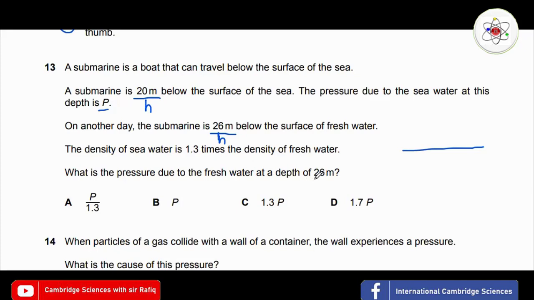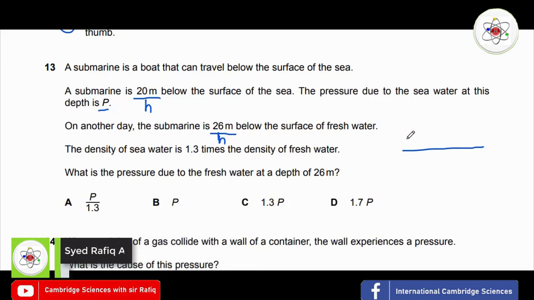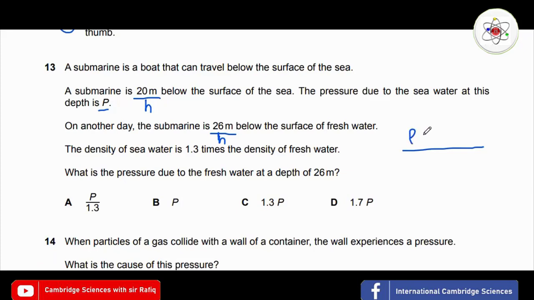Okay, so as you know, pressure is rho g h, right? Rho means density, and g means the value of g, which is 10 newton per kg or meter per second squared, and h is 26, at the depth of fresh water.